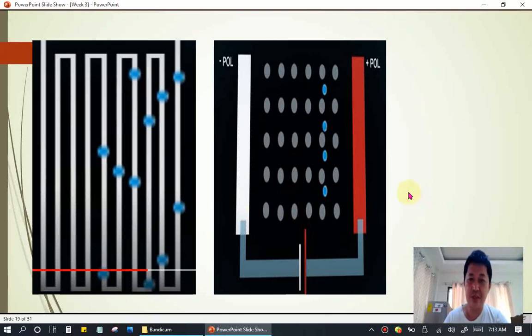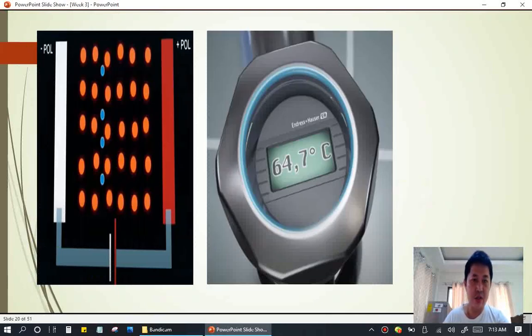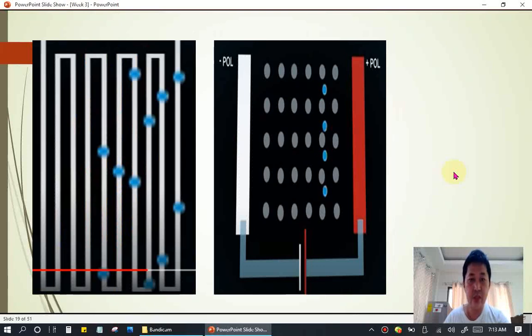As this is heated, as you can see here, the color here is gray, so it is not heated up, but here it is becoming red.